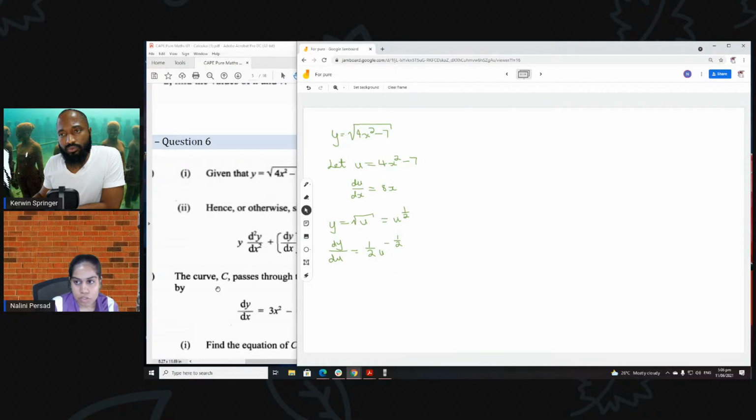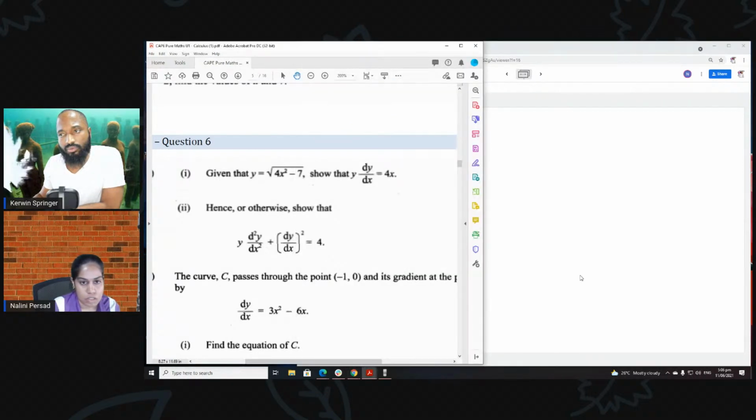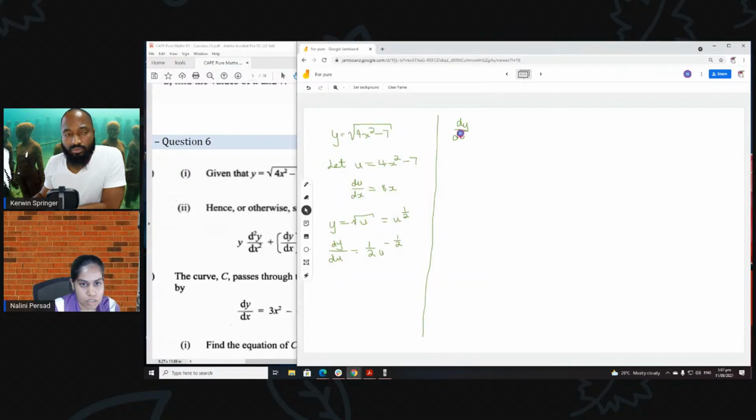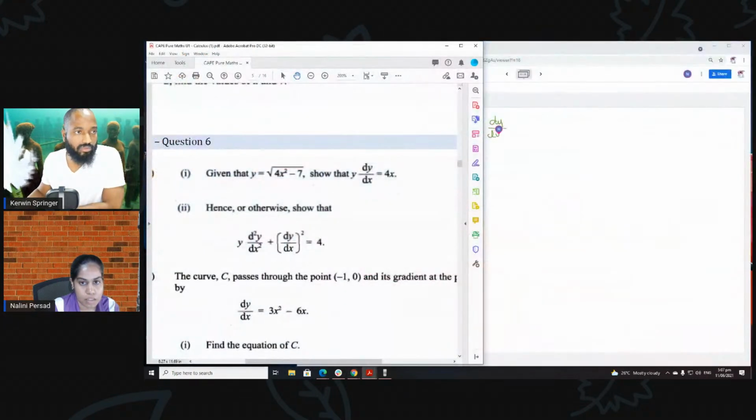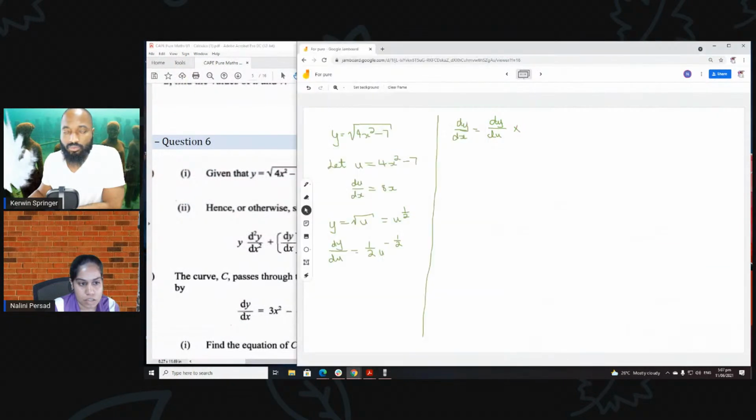So we're going to use the chain rule. So the chain rule would be dy dx is equal to dy du multiplied by du dx.